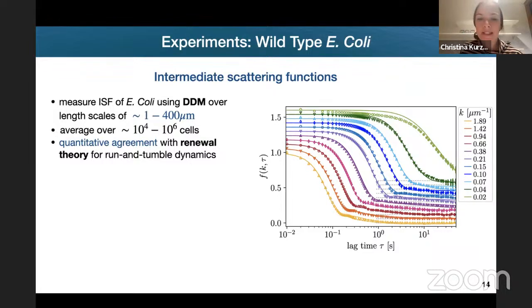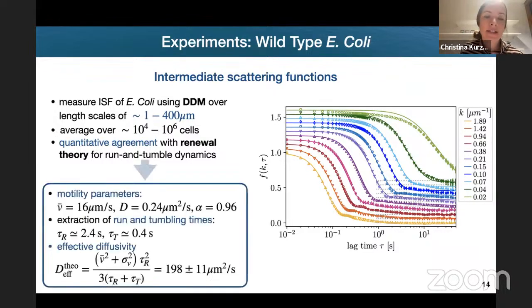And what does that give us? It essentially gives us access to the motility parameters of the cells. From this we can extract the speed of the cells, which is about 16 microns per second, typical for E. coli. The translational diffusivity, which we find as 0.24, agrees with a prediction from the simple Stokes-Einstein relation.